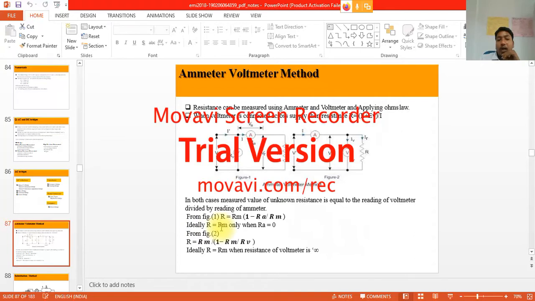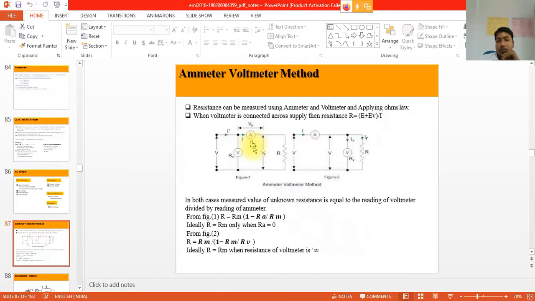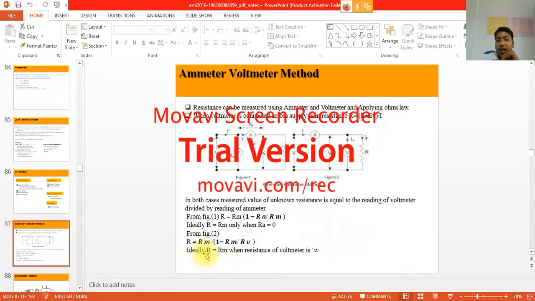Ideally, R is equal to Rm only when Ra is 0. From figure 2, R is equal to Rm upon (1 minus Rm upon Rv). Ideally, R is equal to Rm when the resistance of the voltmeter is infinite.